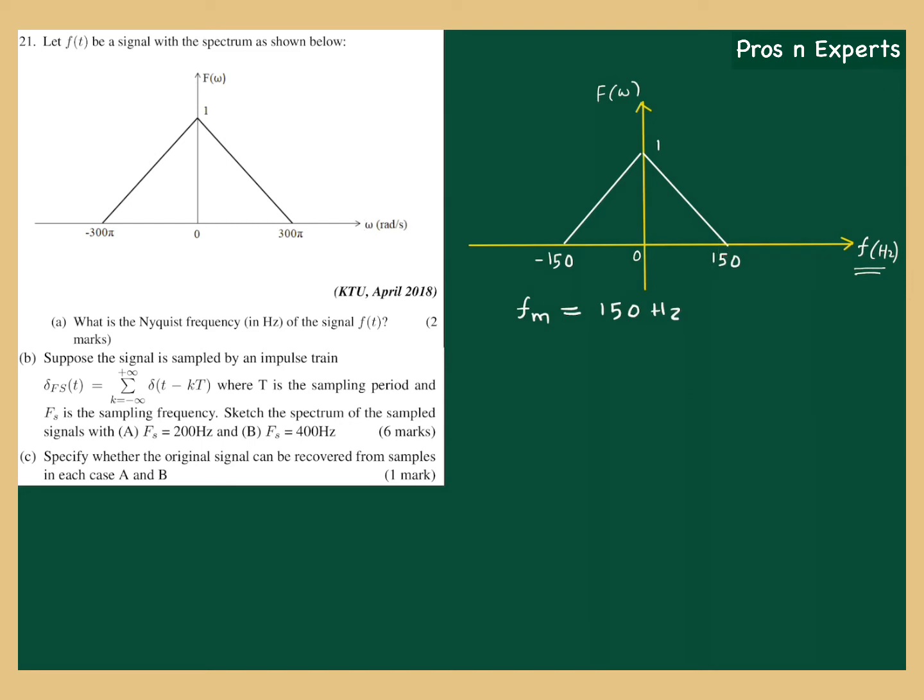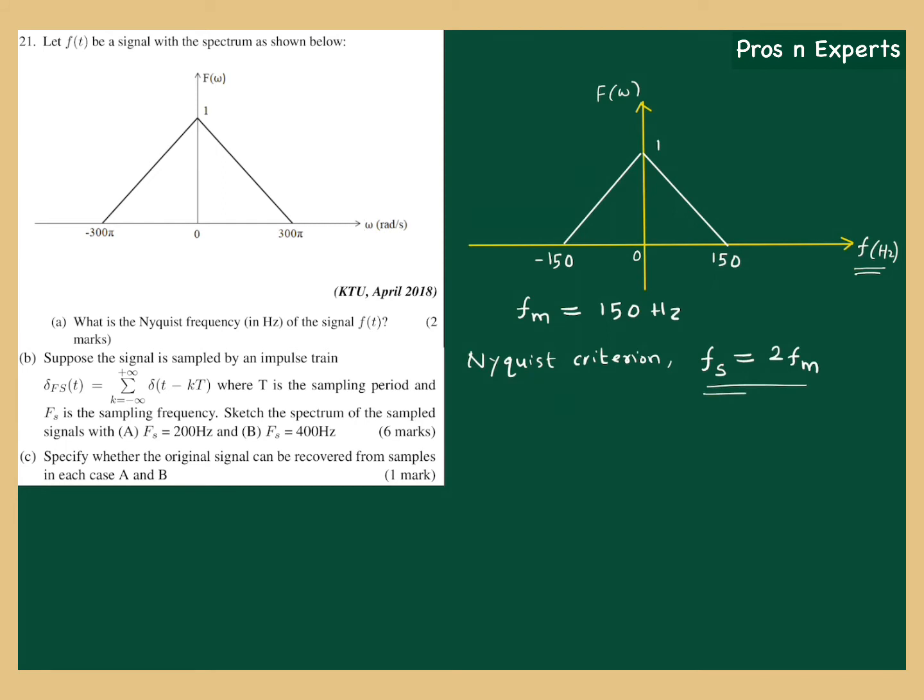Now if you know the Nyquist criterion, what is the Nyquist criterion? The Nyquist criterion is the critical condition for a sampled signal: from the samples you can reconstruct the original signal. It is the critical condition for sampling to be perfect, or for reconstruction to be possible from the sampling. So the Nyquist criterion says that the sampling frequency should be equal to 2fm, or else the signal will be aliased, or it cannot be recovered from the samples.